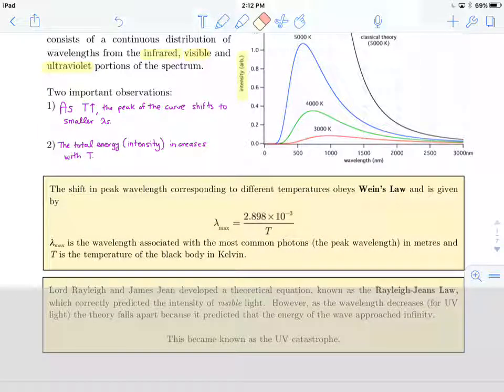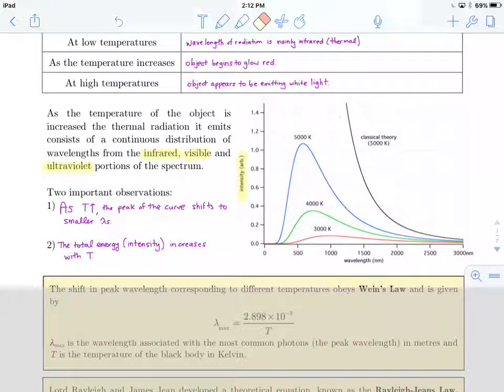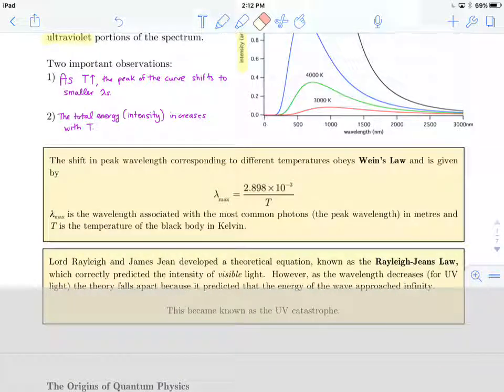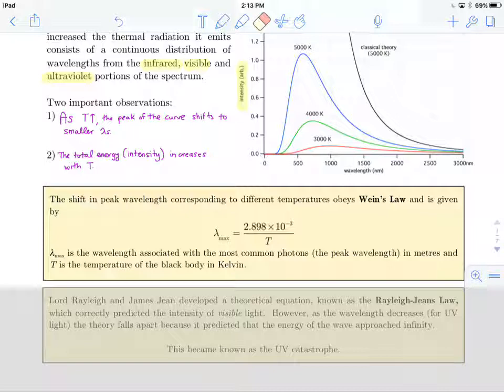This was something that people had observed for a long time, and scientists tried to explain it. Wien's law explains the shift in peak wavelength according to different temperatures. This equation is what predicts the peak wavelength at each of these spots.